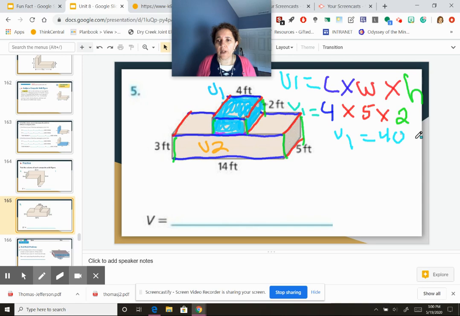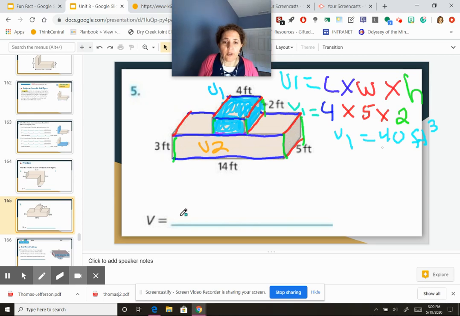I'm going to put 40 cubic feet. Okay, it's so delayed, isn't it? There it goes. So volume 1 is equal to 40 cubic feet. 4 times 5 is 20, 20 times 2 is 40. So I found volume 1, which is 40.